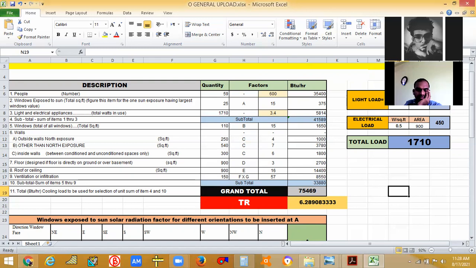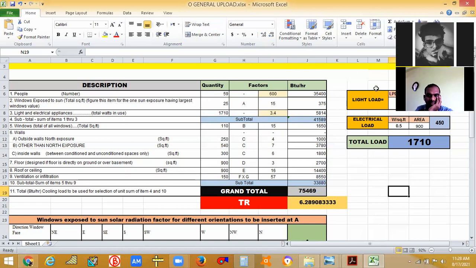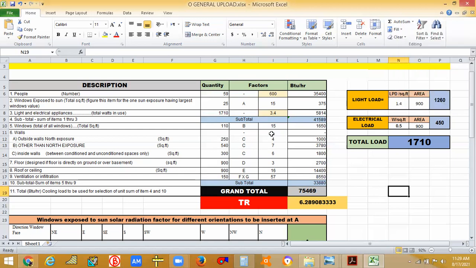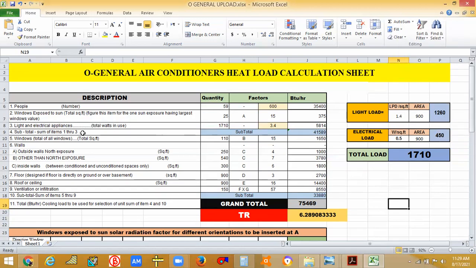So this is one of the methods to find out the heat load calculation, or we can say cooling load. Okay, this is the OGen method or general method to find out the heat load calculation. This is a simple sheet.